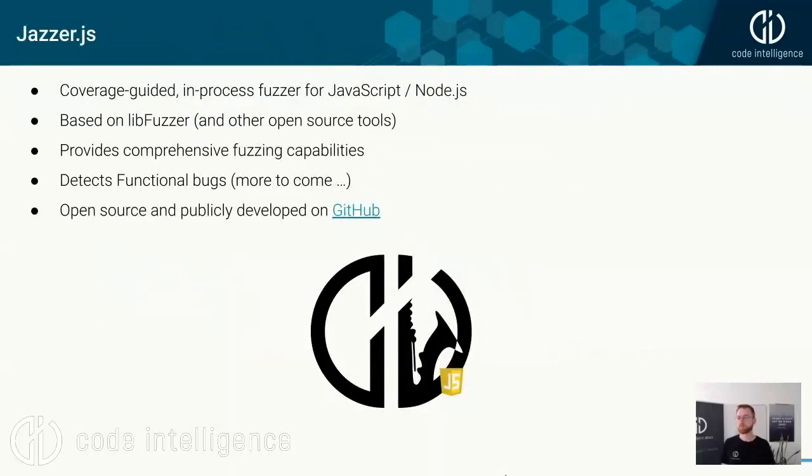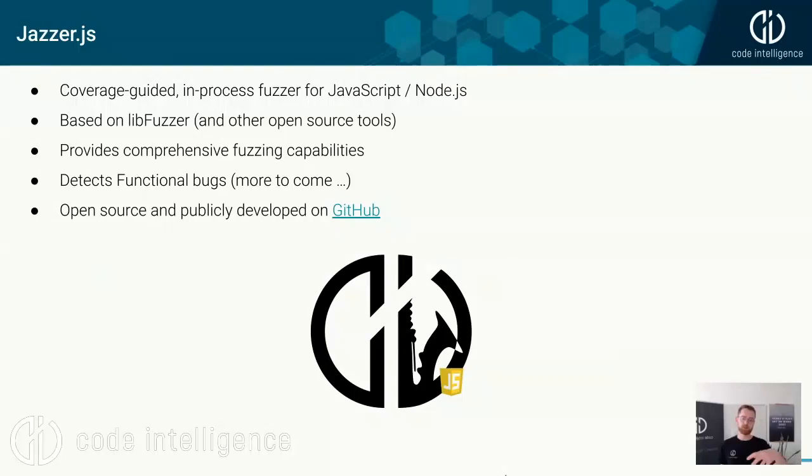That leads us to Jazzer.js. We recently released Jazzer.js publicly, and it's a coverage-guided in-process fuzzer for JavaScript and NodeJS. It's based on libFuzzer, one of the prominent and stable open source fuzzers for C and C++.